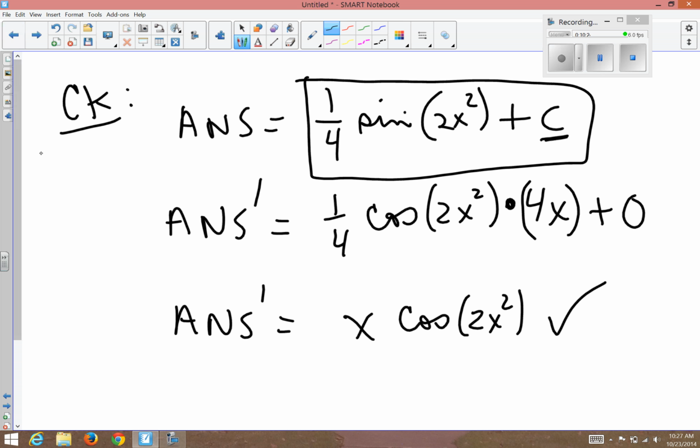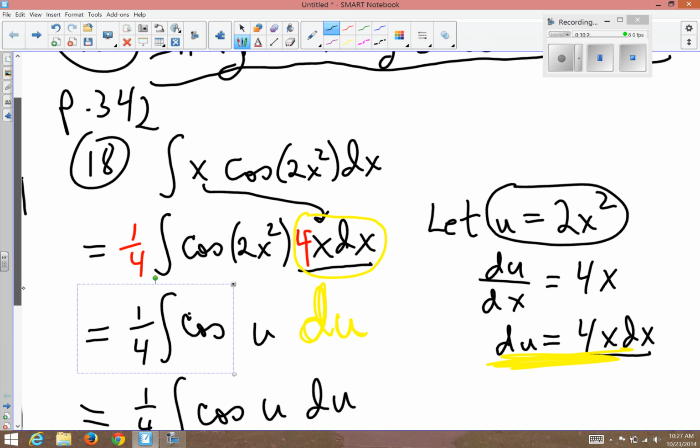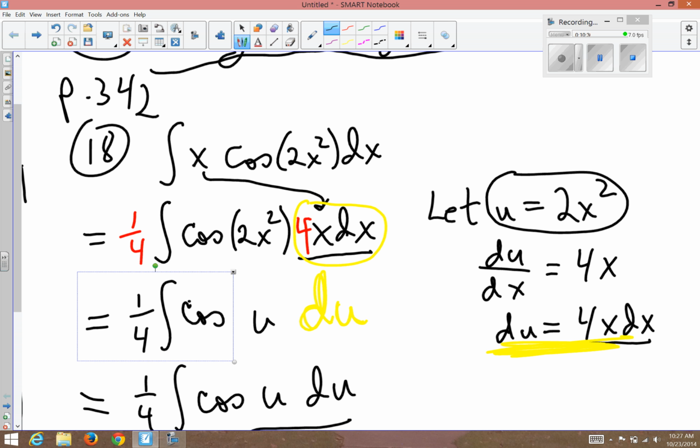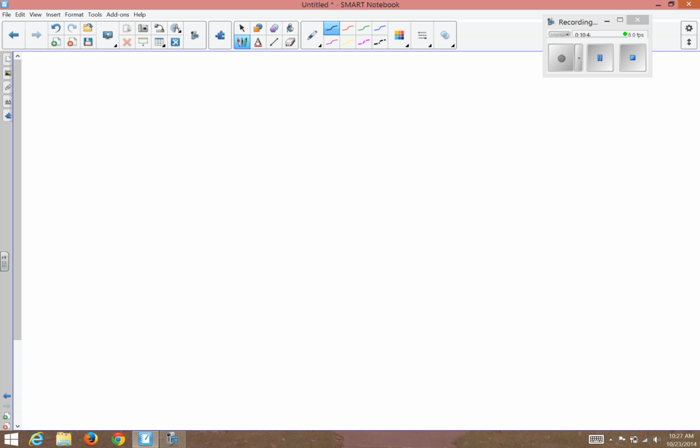And the one we already did, we let u equal 2x squared. The book actually told us to do that, but 2x squared is there, and du is also there, except the 4 was missing. We ended up with the integral cosine u du, which is on the integration formula sheet. We'll try to say all of those things again when we do number 38.